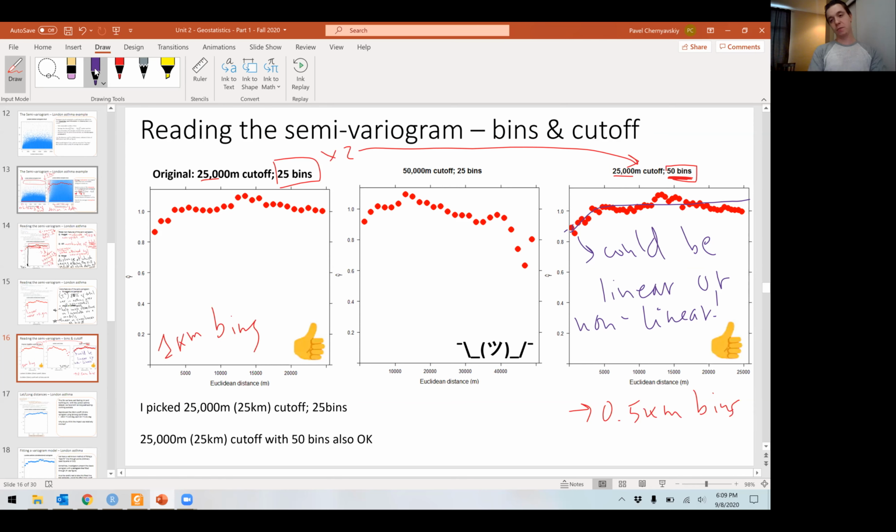In this case, though, we see that the sill is still around 1, where this variogram with the smaller bins levels off. It looks like the nugget, however, has creeped up a little bit to something above 0.8. So with more bins, my percent nugget, I don't know, 0.85, 0.82.